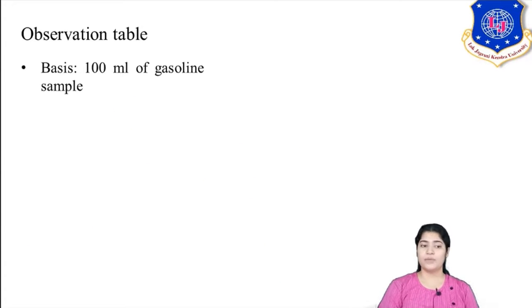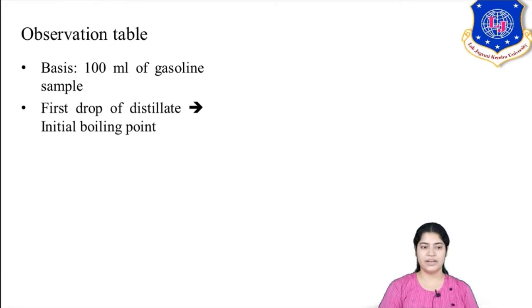Now, the observation table. Of course, a practical is done, so we are going to note down some observations also. This was discussed earlier also. In ASTM, the amount of sample is very small, from 100 ml to 500 ml only, so your experiment is done. Here I am taking my basis as 100 ml.